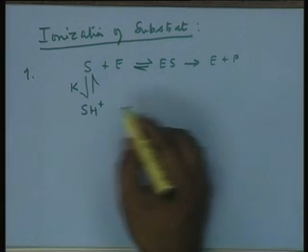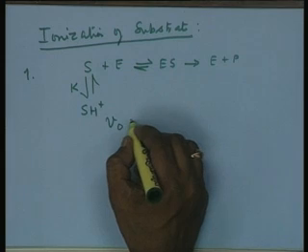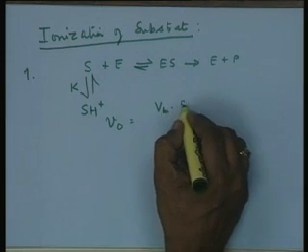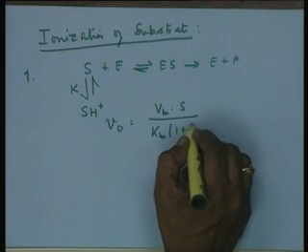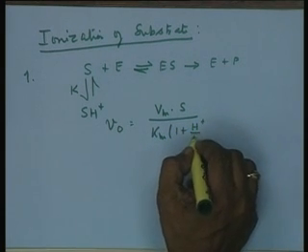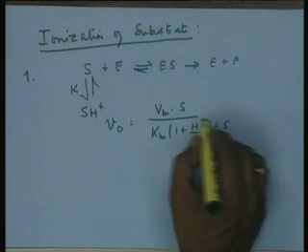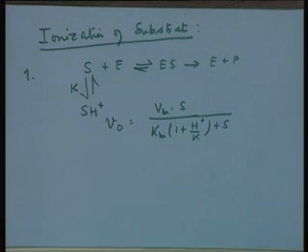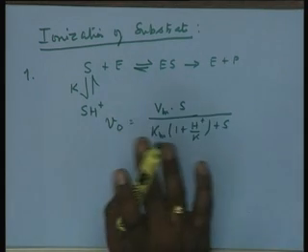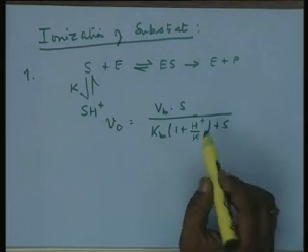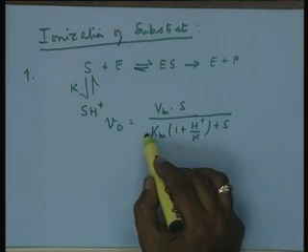Now, you can arrive at the rate expression for such a system as Vm into S upon Km into (1 plus H upon K) plus S. You will notice that in such a case the net effect of the ionization of substrate is an increase in the Km value.